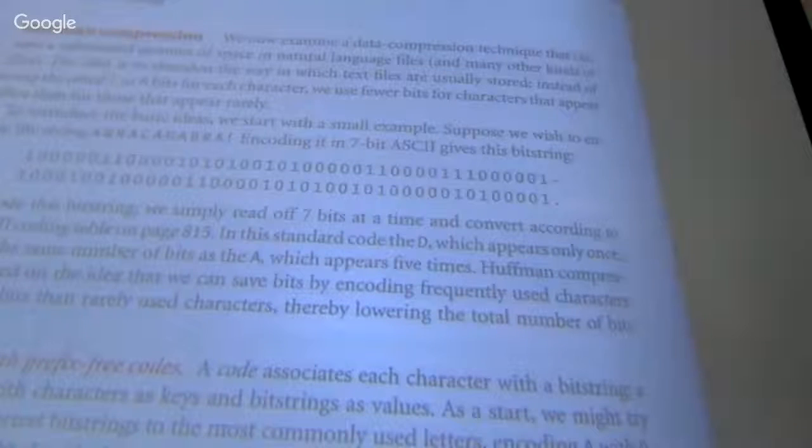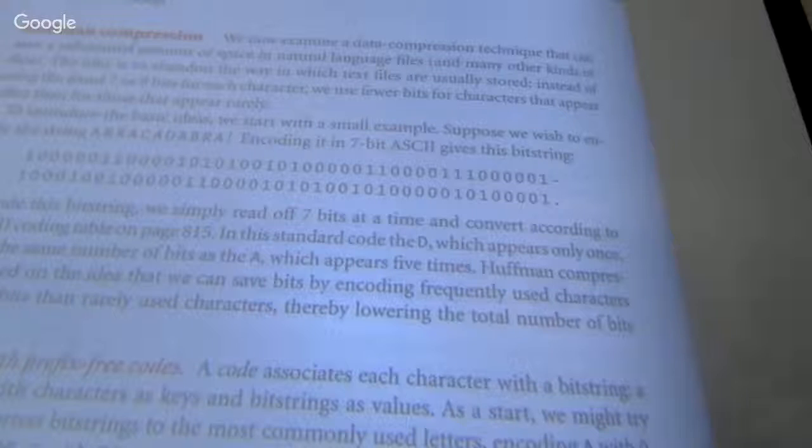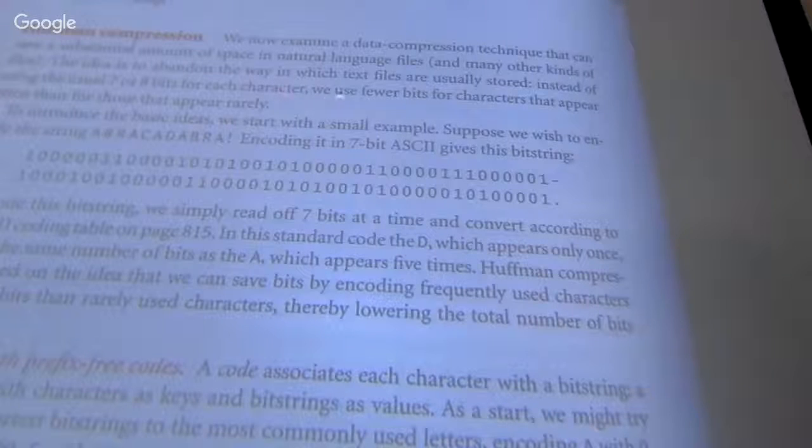And we know that in a text file, normally you need 8 bits per character. So Huffman says, well, can I use fewer bits per character? And the answer is yes. So instead of using 7 or 8 bits for each character, we use fewer bits for characters that appear often than those that appear rarely.